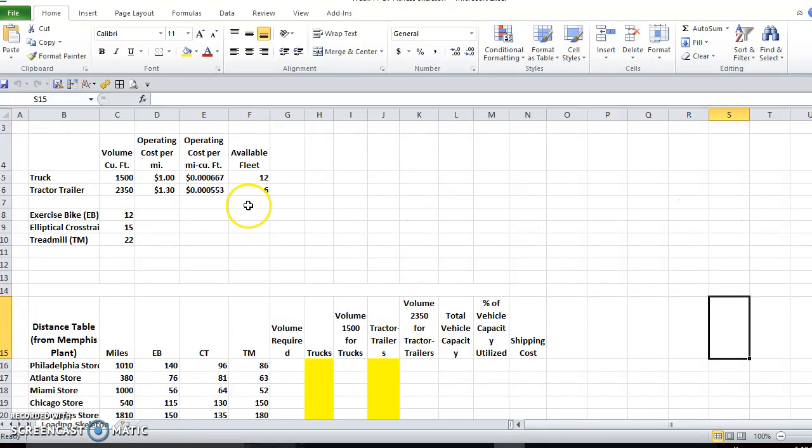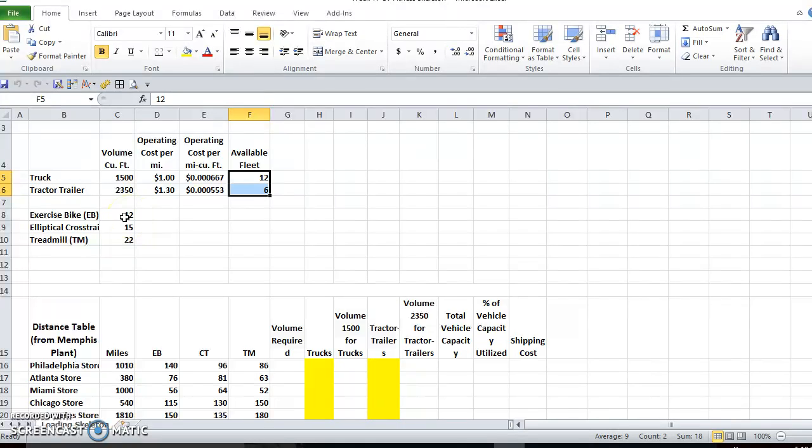But generally speaking, what we're trying to do is work with the truck and tractor trailer and identify the square footage that's available in each one of these two vehicles, their operating costs and information, operating per mile, and the available trucks that you have in your fleet ready to go.